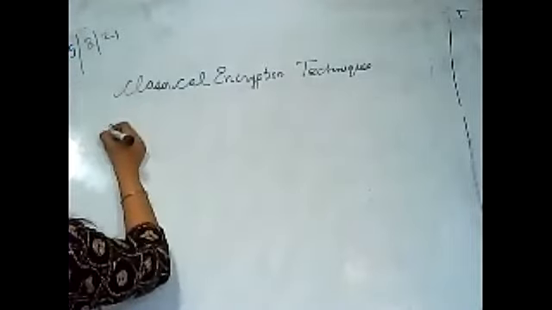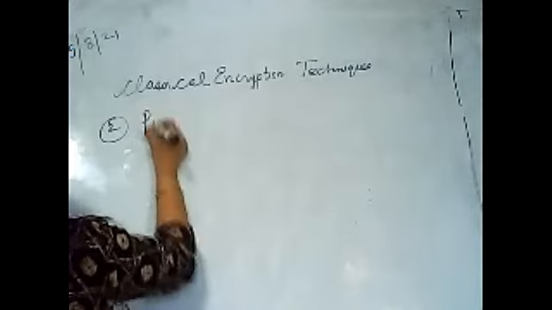Next is the case where we can represent a polyalphabetic substitution. This is the second category that we are discussing.